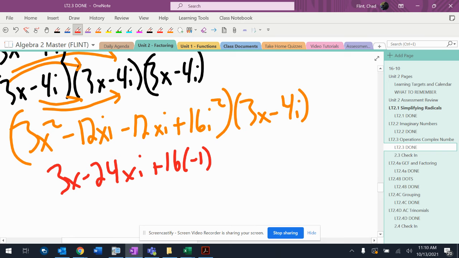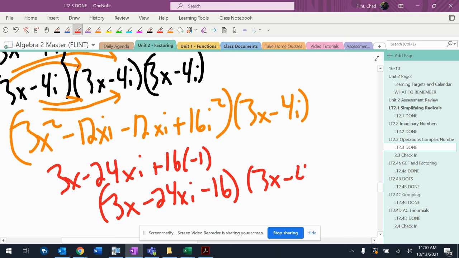All right, which means that's 3x squared minus 24xi minus, not plus, sorry, minus 16. So I've got that right there, and then I still have to distribute that 3x minus 4i.